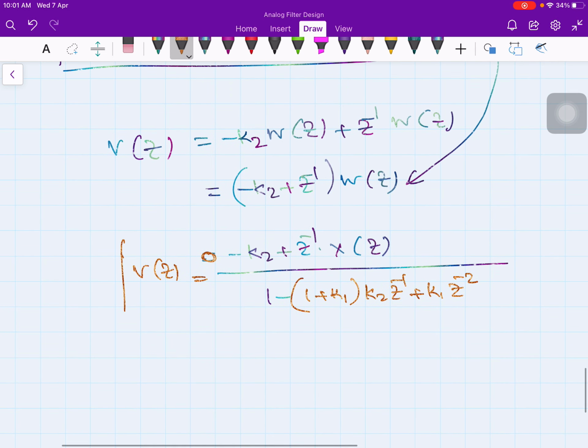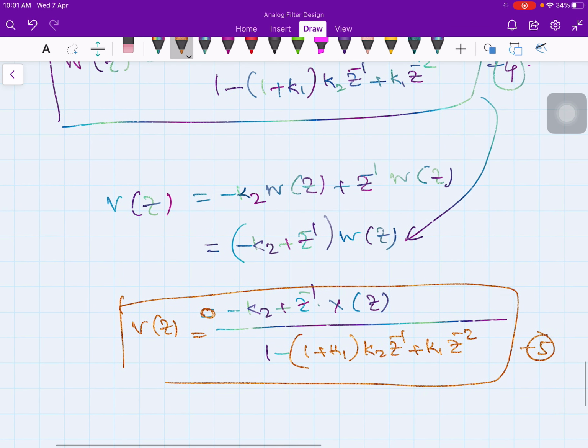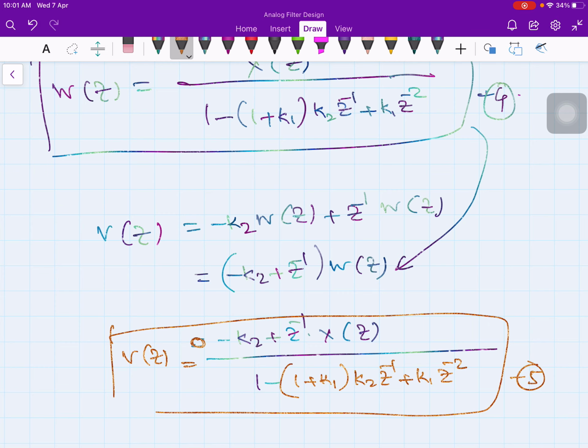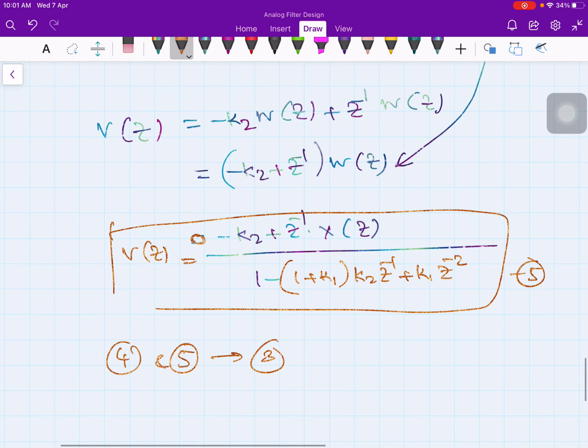Okay, let me call this equation number 5, and the previous one equation 4. Now you take equation 4 and 5, substitute in equation number 3, or your output equation.